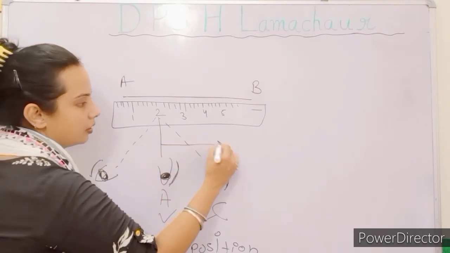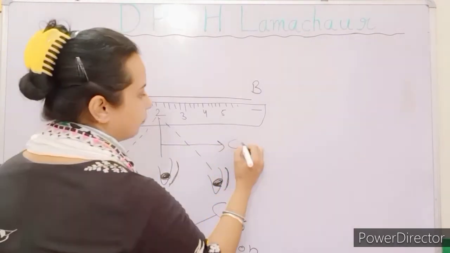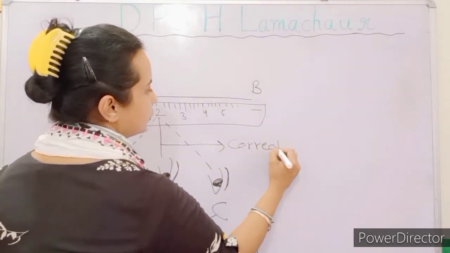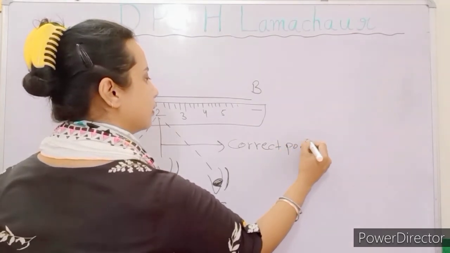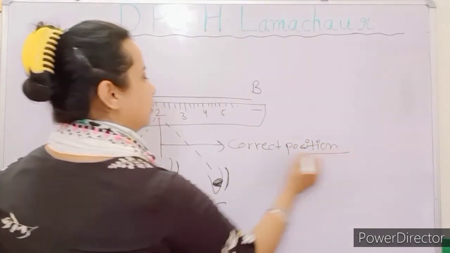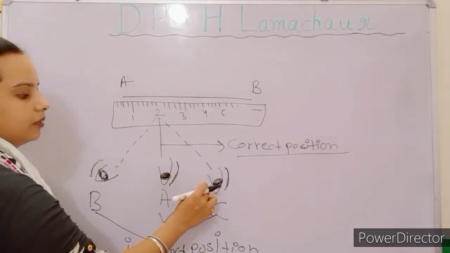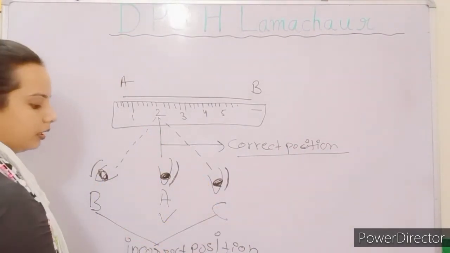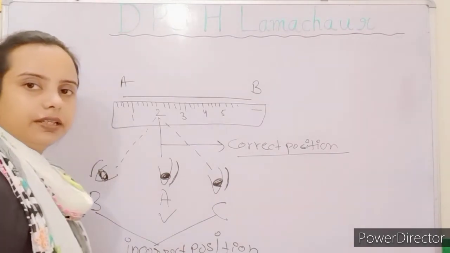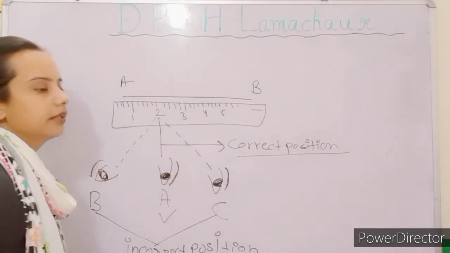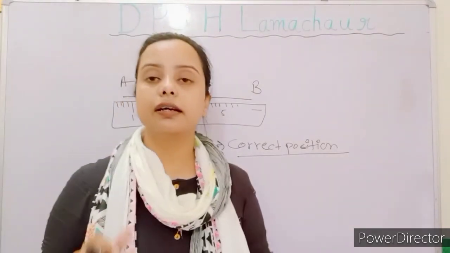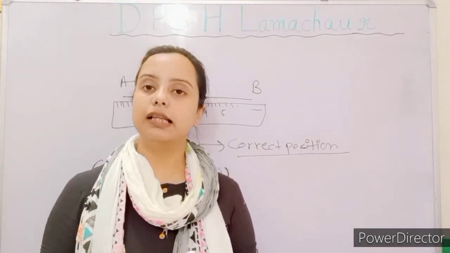Okay, this one is the correct position. Okay, तो आपको क्या करना है, सीधे देखना है, not from this side, not from that side. B and C are the incorrect position of taking the reading. Okay, and A is the correct position of taking the reading of any length.